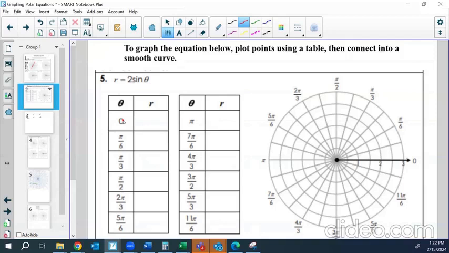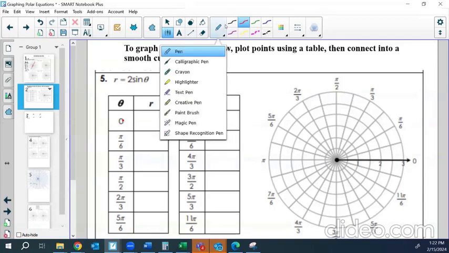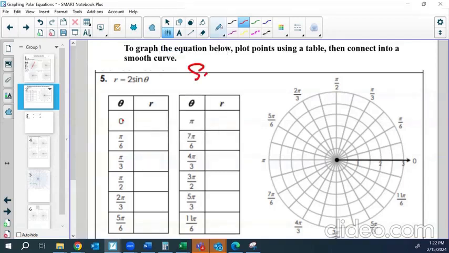So when the angle is 0, what is R equal to? Sine of 0 is what? Look at your chart. What is sine of 0? 0. Sine of 0 is 0. And then 2 times 0 gives me a 0.